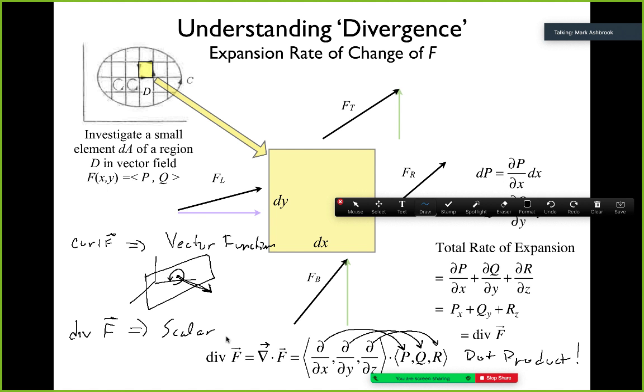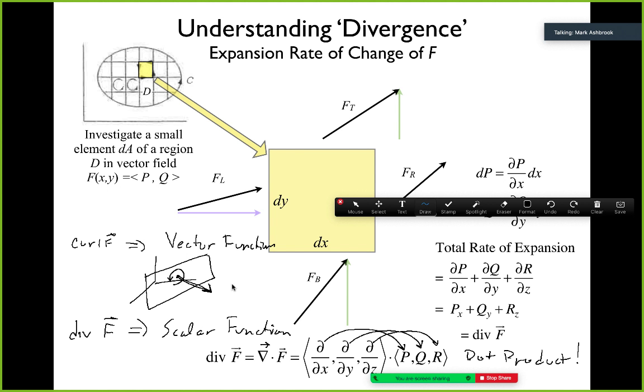If it's negative, how much compression there is. But curl is a vector function. It has direction, orthogonal to the plane of rotation, as well as strength of rotation. Okay, questions on divergence? Much easier.